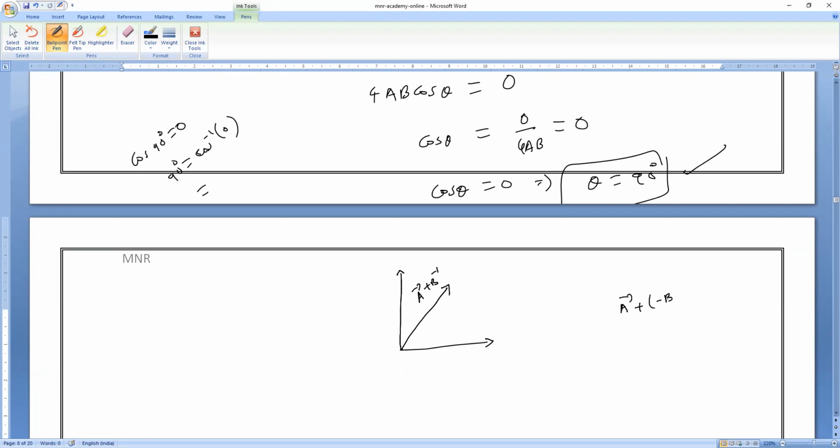A plus minus B. I have to extend B in what direction? This is the B and this is the A. So I have to extend B in what direction? Downward, the negative direction. Understanding? This is minus B. So then the resultant force will act like this. That is my A plus minus B.